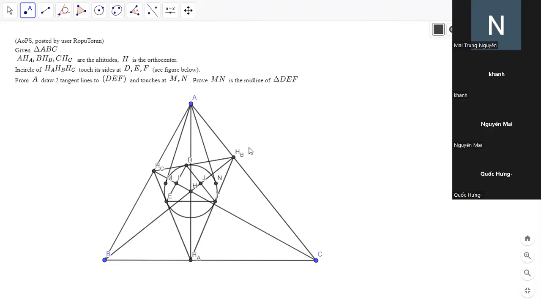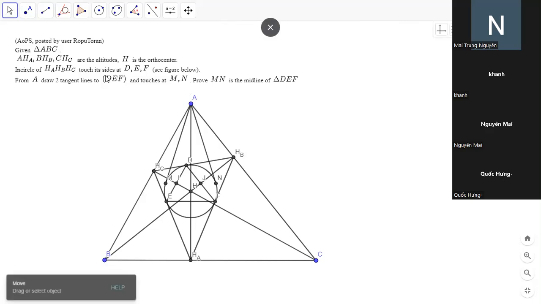Oh yeah, it has to lie on the angle bisector by symmetry. Okay, so that makes sense. So yeah, it makes sense that those are all collinear.